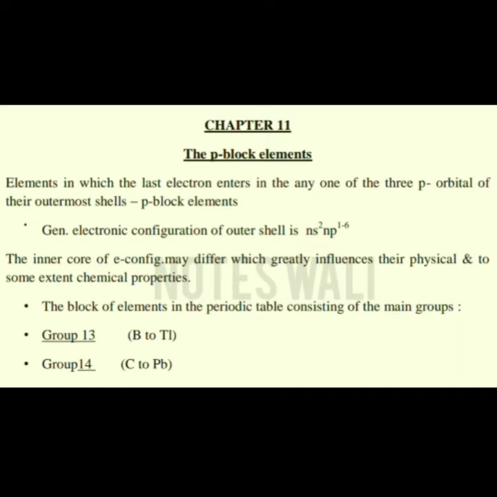The P block elements are defined as the elements whose last electron enters any of the p orbitals of their outermost shell, and their general electronic configuration of the outer shell is ns2 np1 to 6.